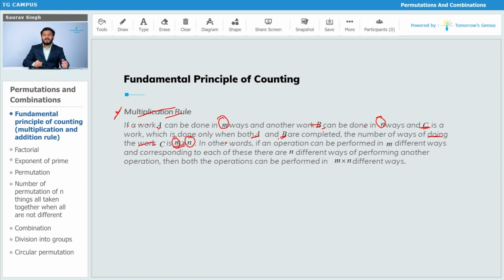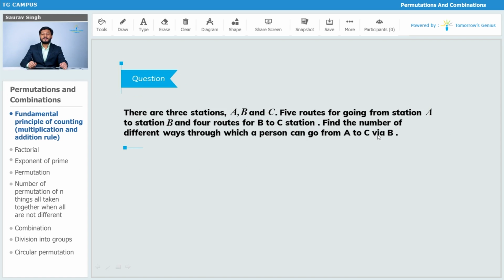In other words, if an operation can be performed in m different ways, and corresponding to each of these there are n different ways in which another operation is performed, then the operations can be performed in total in m into n ways. Now let us see an application of the multiplication rule.